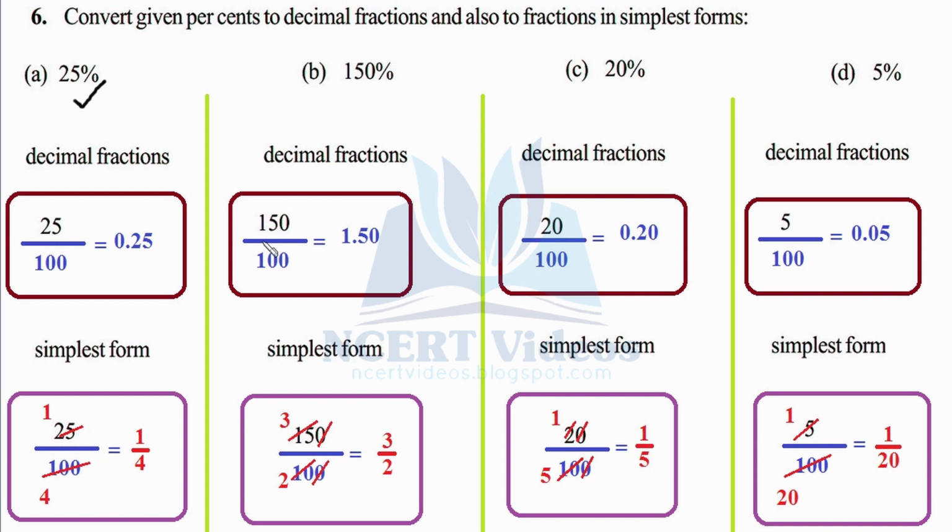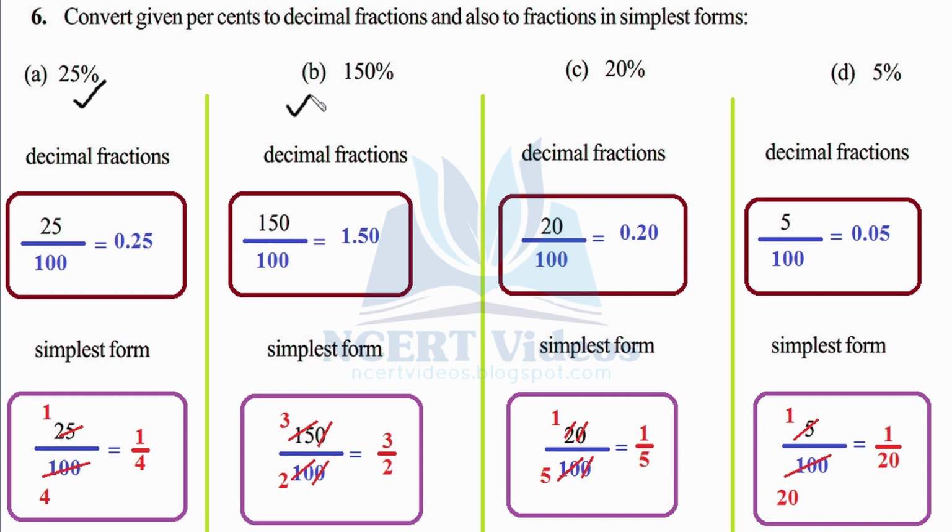150%. So 150% means divided by 100. 0 0 cancel. So fixing decimal here. So 1.50. If you don't write this 0, then also the answer will be correct. That is 1.5 is also correct, because this 0 doesn't mean anything. Now simplest form is 0 0 cancel. Now 15 over 10. So 3 5s are 15, 2 5s are 10. 3 by 2.